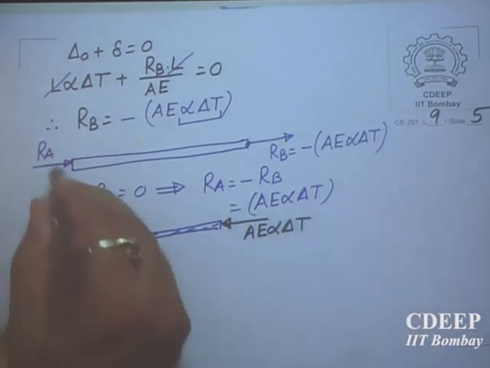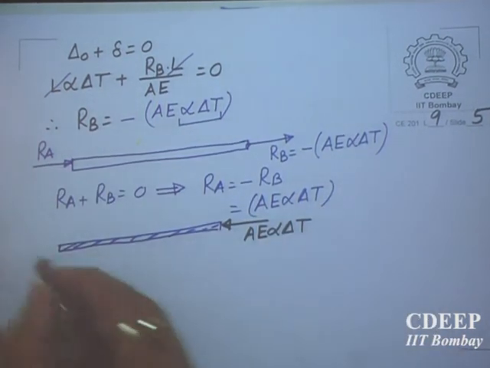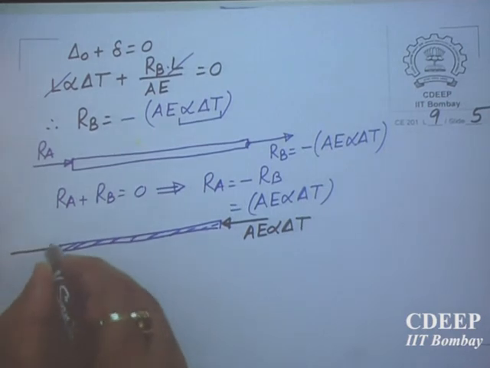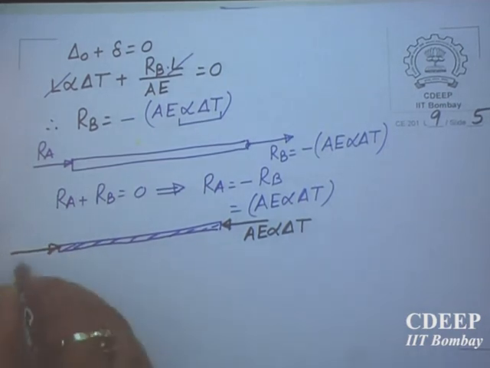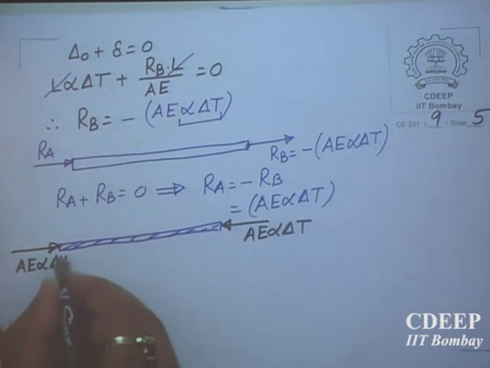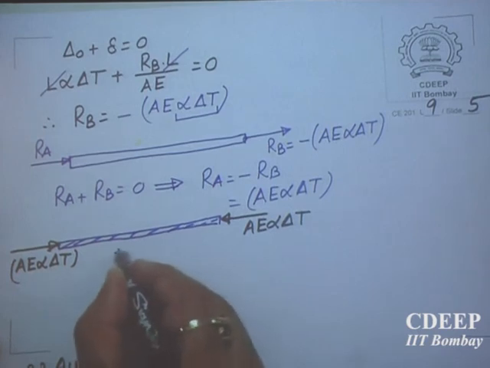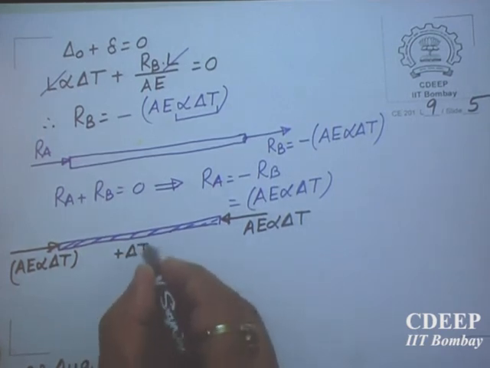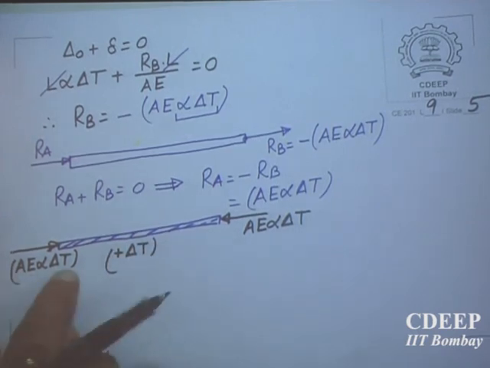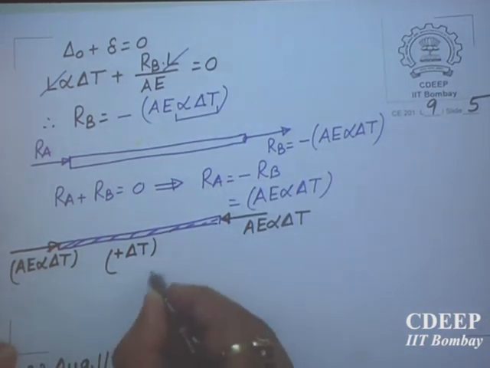The sign I have taken for RA like this, and this has come also positive. So no change in sign. So this rod under a temperature rise of delta T is under compression, and the compressive force is AE alpha into delta T. So this is compressive force.